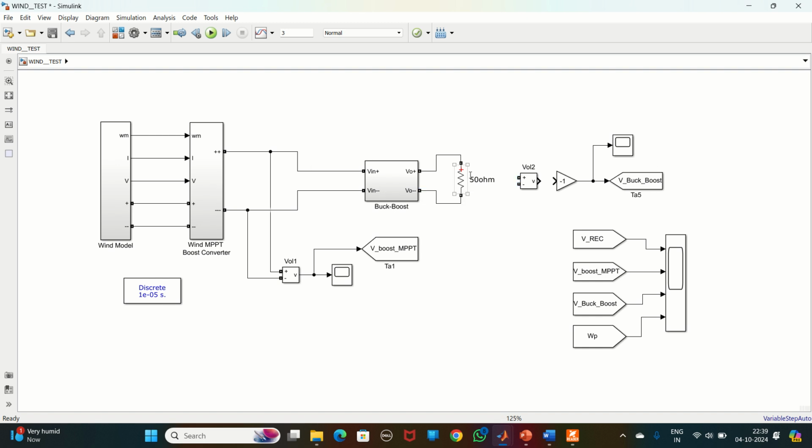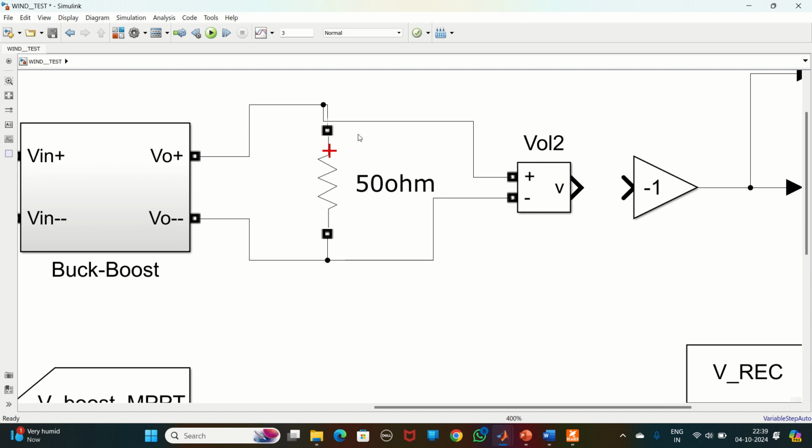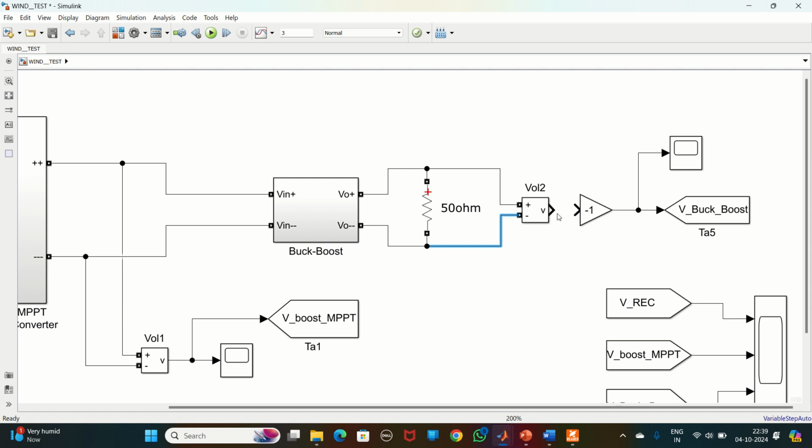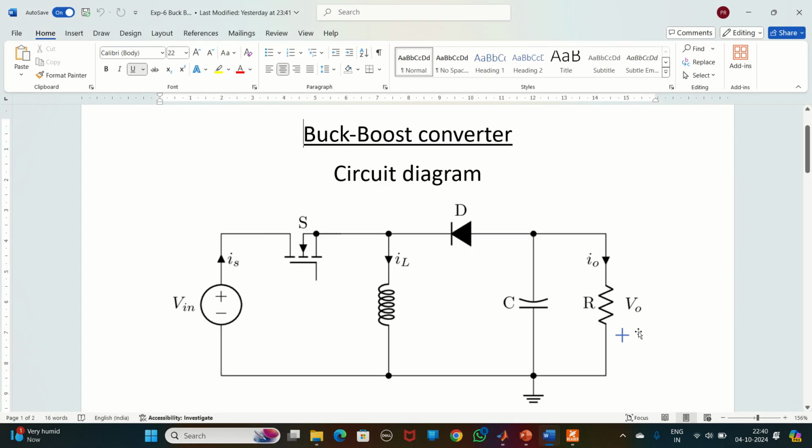Now I want to calculate the voltage here. If you remember, you can see I have connected positive here and negative here. The voltage will be positive here and negative here, so that's why I'm multiplying it with -1. In a buck boost converter you get reverse polarity.